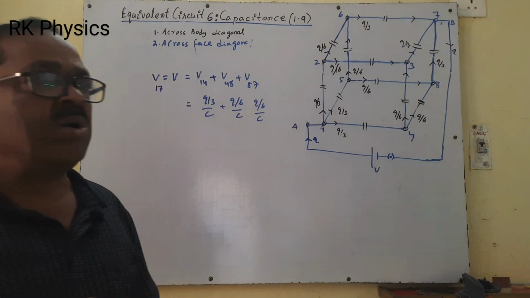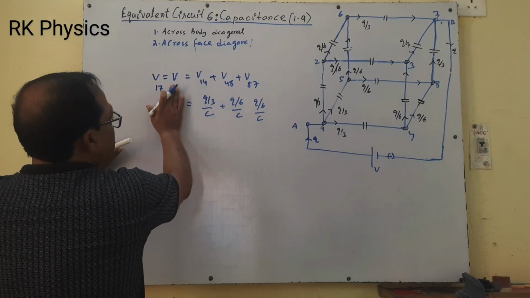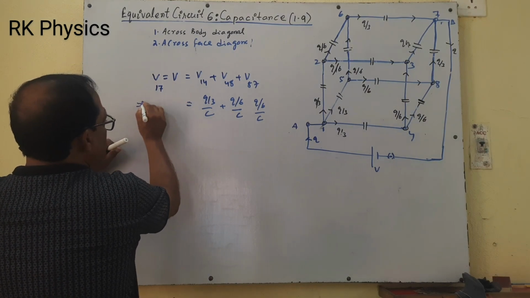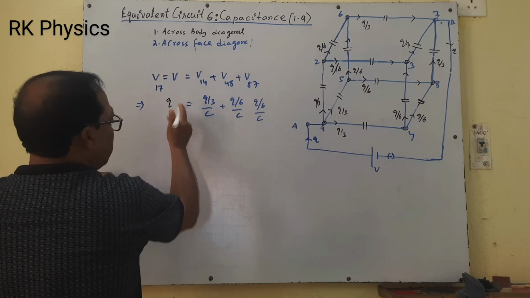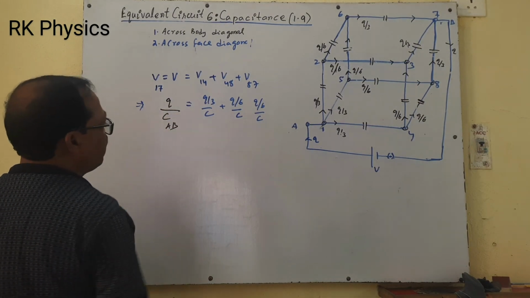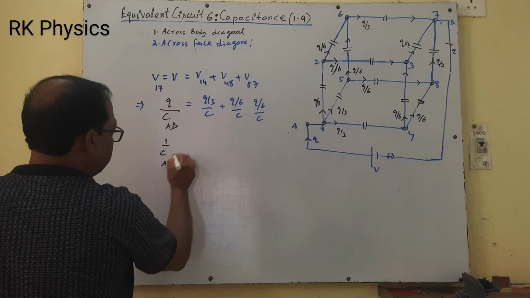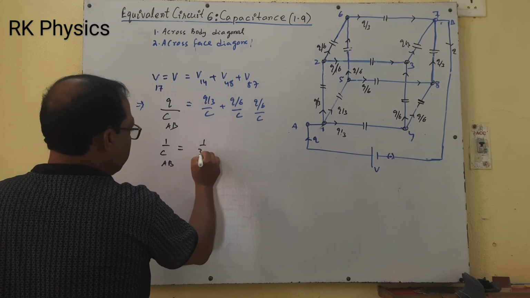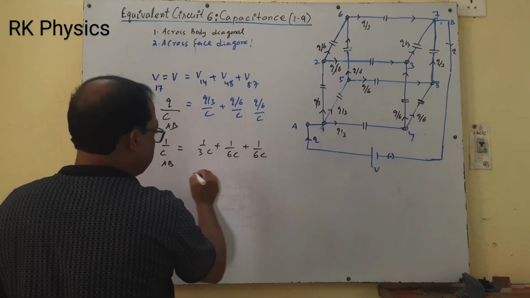Okay. So now on the left hand side, V is the total charge given by the cell, Q, divided by the equivalent capacitance CAB. Now Q cancels, so 1 by CAB equals 1 by 3C, 1 by 6C and 1 by 6C.